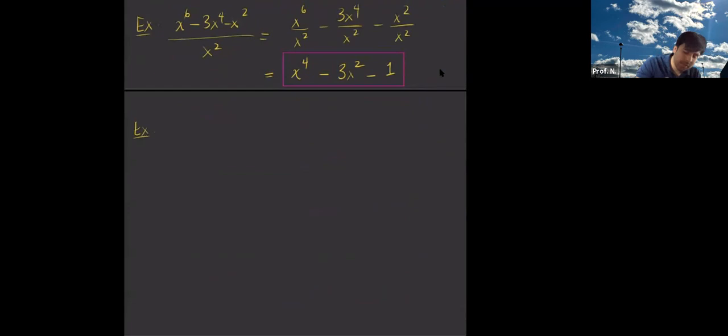So this is when the divisor is not a monomial. When it's not a monomial, we have to use long division. An example of that is this: 6x squared plus x minus 5, and I divide it by 3x plus 2.